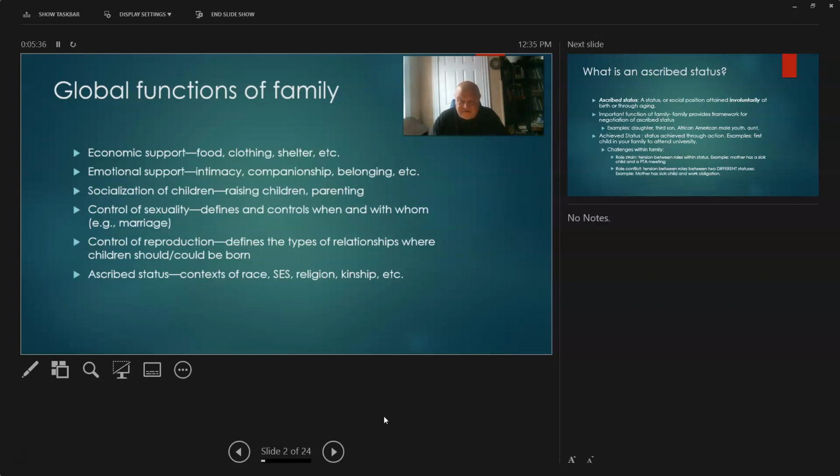And of course, this is expanded to include, in the United States as of 2015, same-sex couples, right? Control of reproduction: what relationships, which children should be born or brought in via adoption. But again, anthropologically, the incest taboo controls, for example, forbids marriage between close relatives, right?